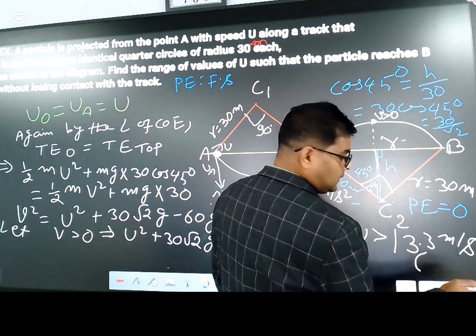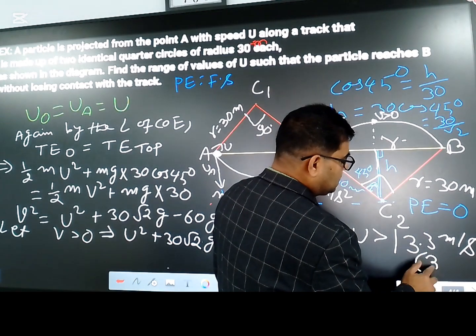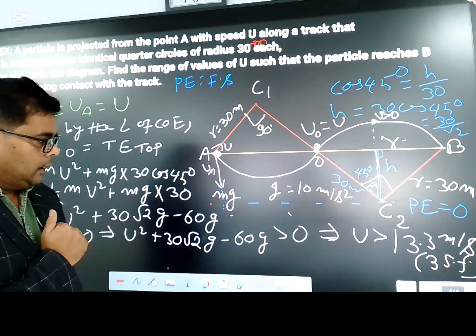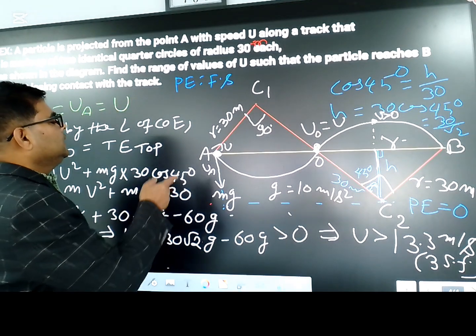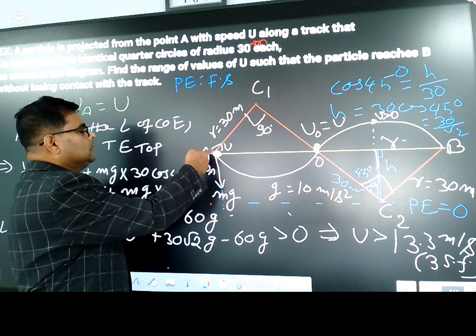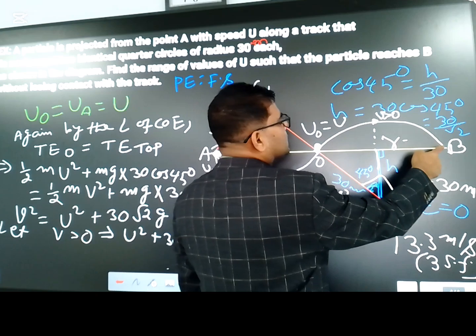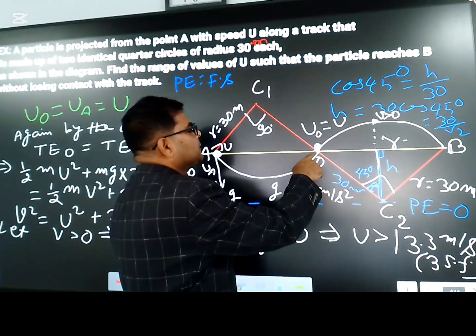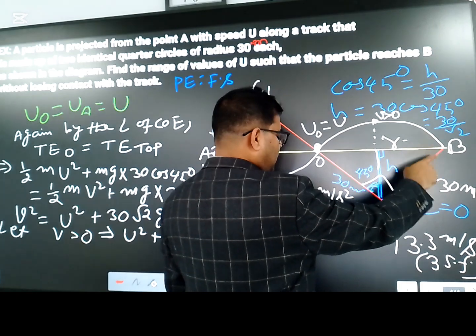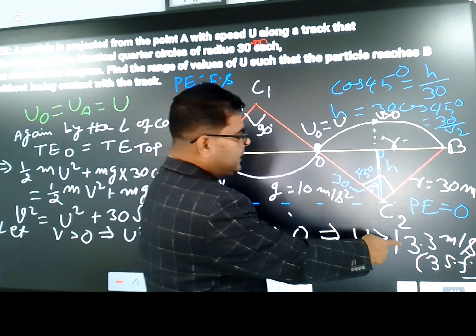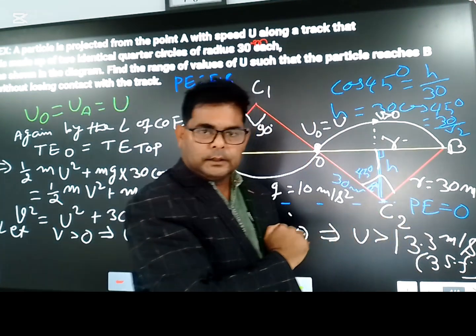If you consider this value correct to 3 significant figures, what does it mean? It means that in order for this particle to complete the entire motion from O to B, the projection speed must be bigger than 13.3.